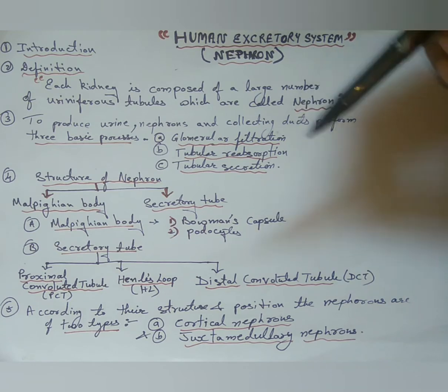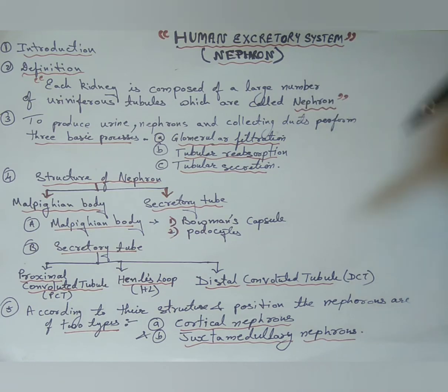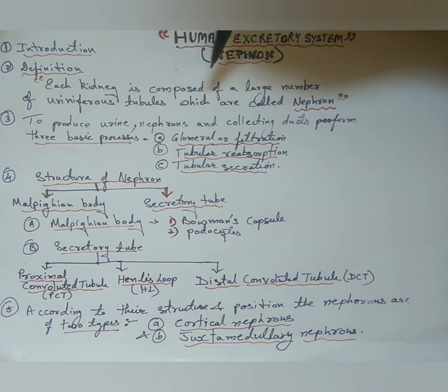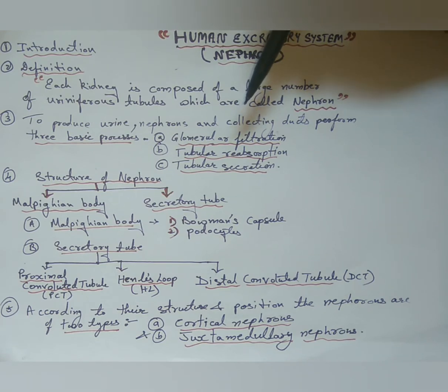So each kidney is composed of a large number of uriniferous tubules which are called nephrons. Each nephron is the functional unit of the kidney. In a normal adult man, each kidney is made up of about 1 million nephrons, each capable of forming urine.